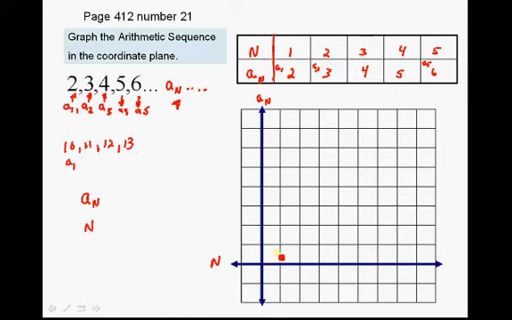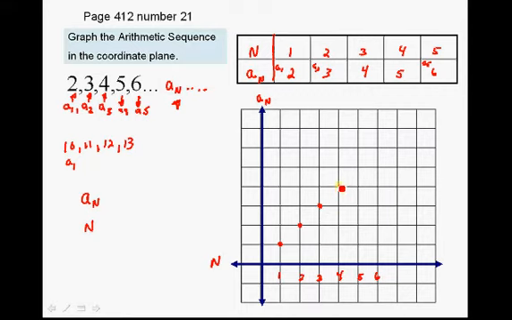So now we have that. It's pretty straightforward. 1, 2, 3, 4, 5, 6, right? So when n is 1, a sub n is 2. When n is 2, a sub n is 3. When n is 3, a sub n is 4.